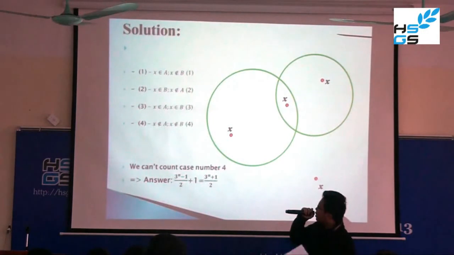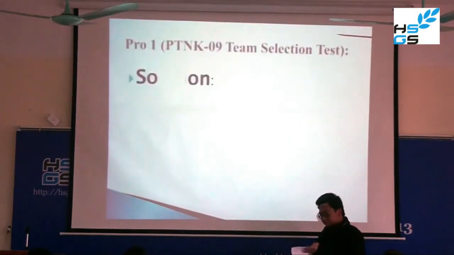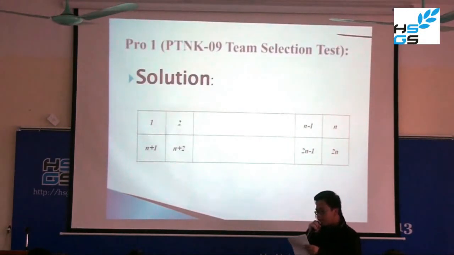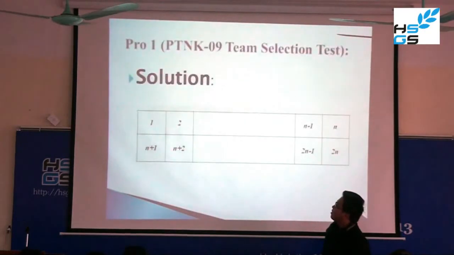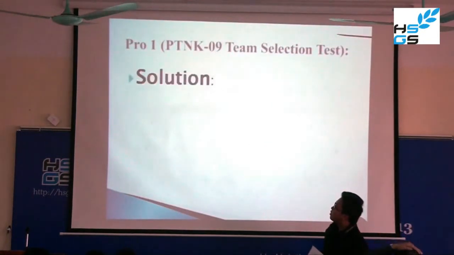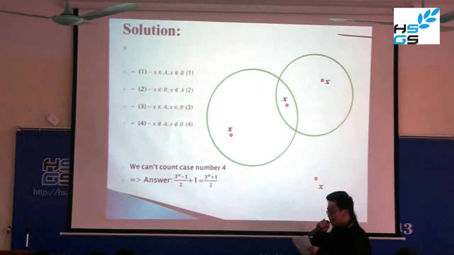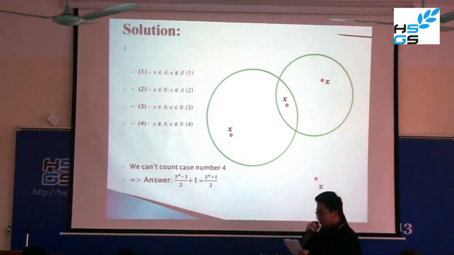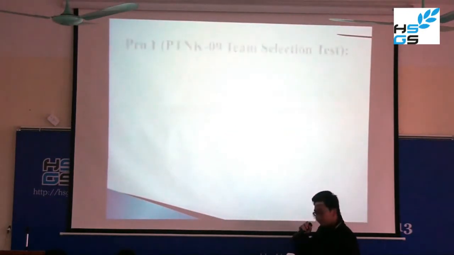But as you can see, we can't count case number 4, because the problem requires the union of two subsets to equal S. So with each element we have exactly 3 ways to arrange them, hence the answer here. Now we'll move on to the second problem.